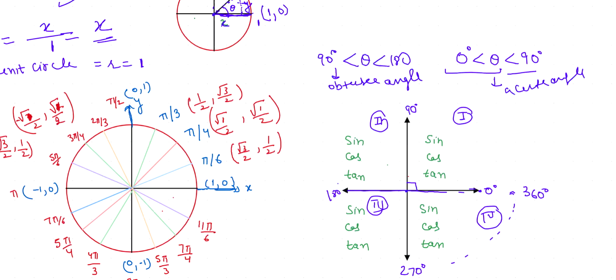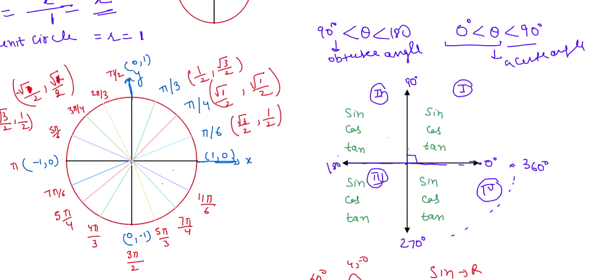So we just have to check here whether our angle will be positive or negative. As we have done, the y-axis represents sine theta and the x-axis represents cos theta. So look at these axes. Here x-axis is positive, y-axis also positive.